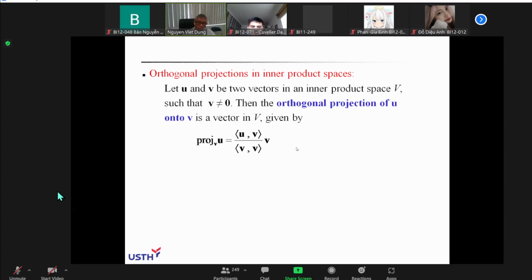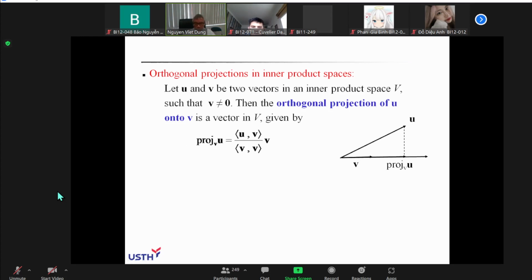If you look at the formula only, it is not so easy for you to imagine. But however, you can see it here. If you look at the picture like that, U will be that vector and V will be something here. Then the orthogonal projection of U onto V is that one.